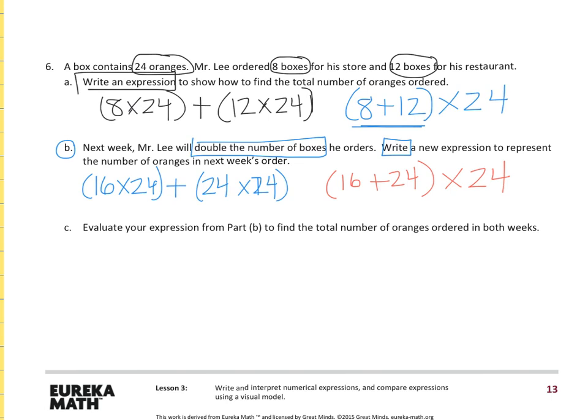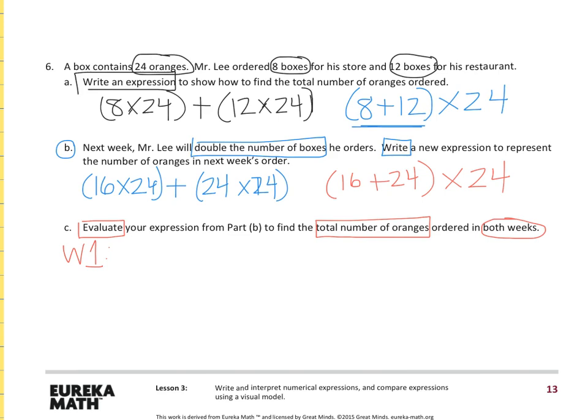So for our last one, 6C, they want us to evaluate, and that means to solve your expressions from part B to find the total number of oranges ordered in both weeks. Circle both weeks. So we're going to look at week number 1. I'm going to do W1.